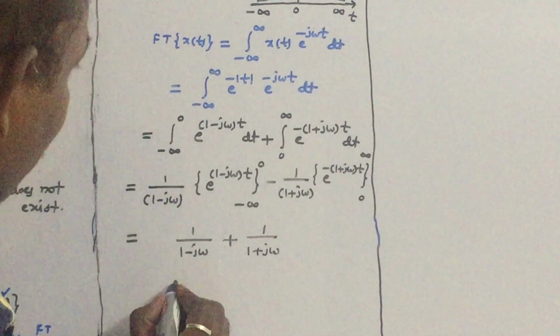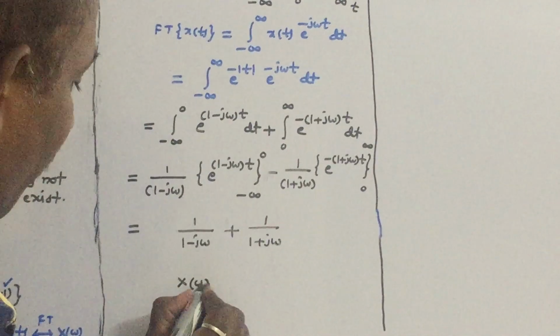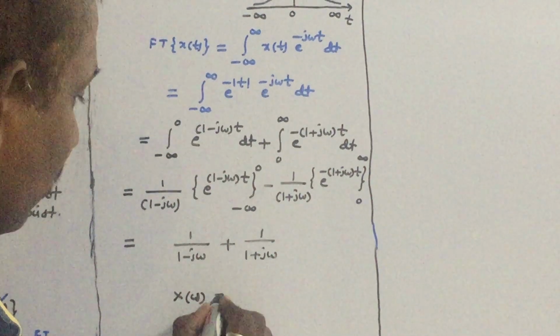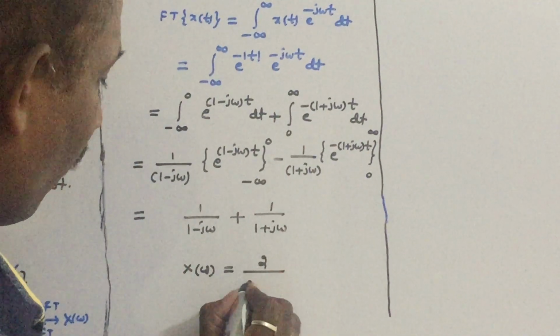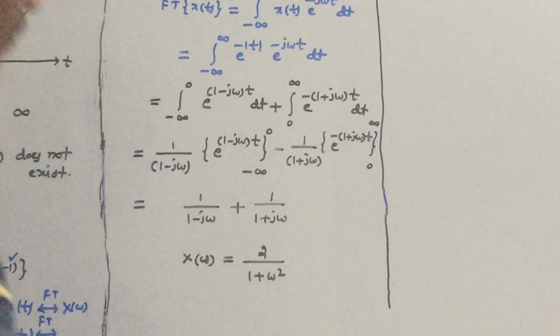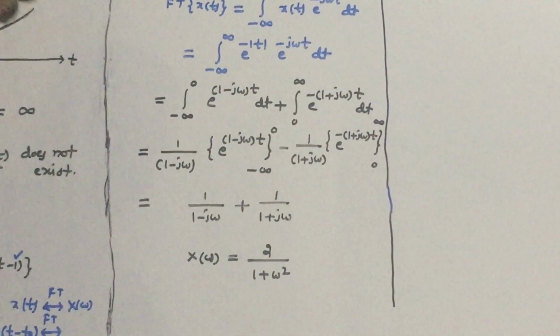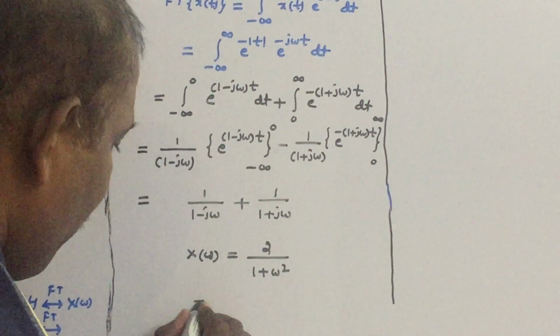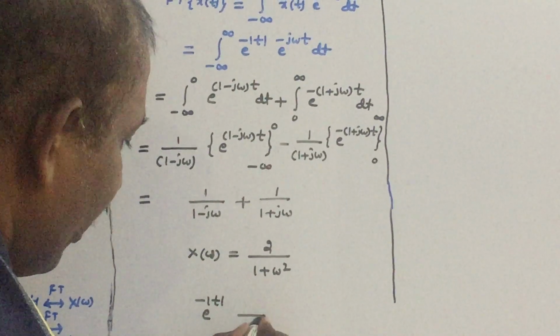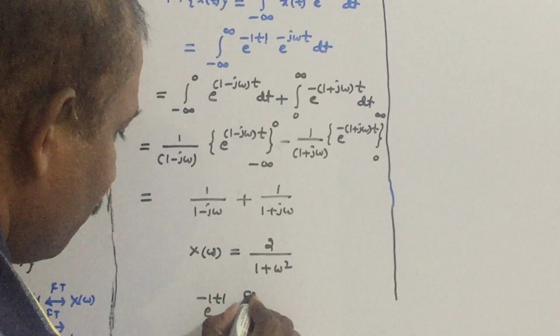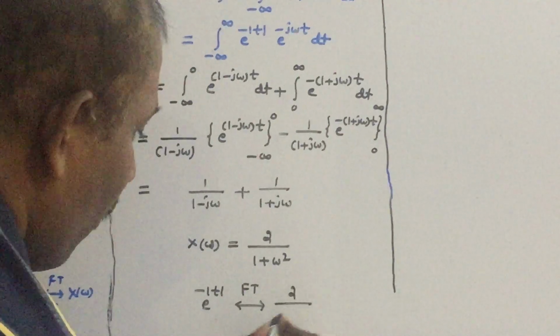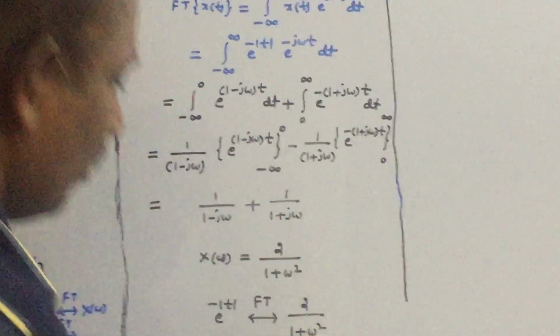If you take the LCM, the Fourier transform of x of t, X of omega, will become 2 by 1 plus omega square. So the Fourier transform of e power minus mod t is 2 by 1 plus omega square.